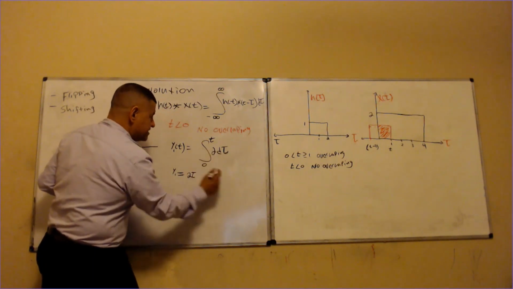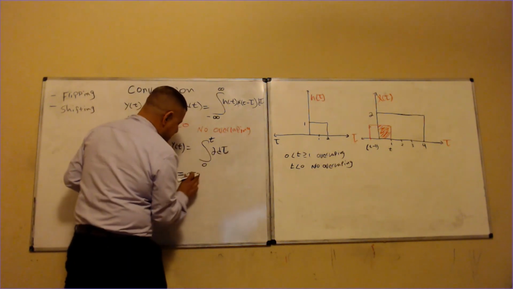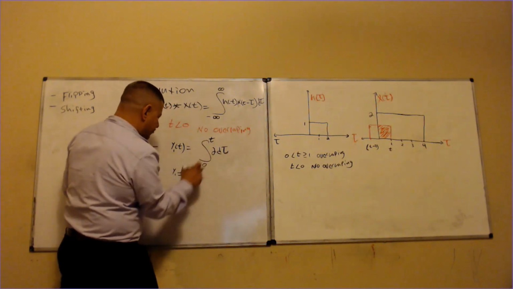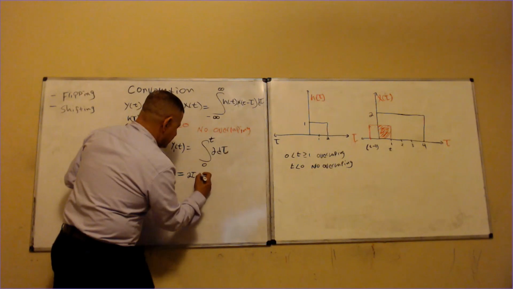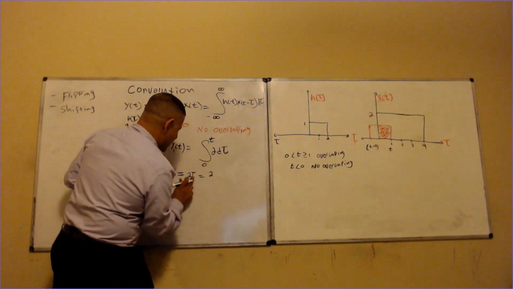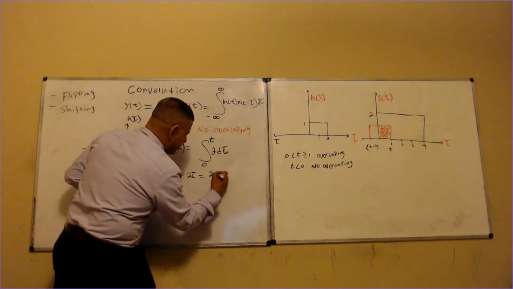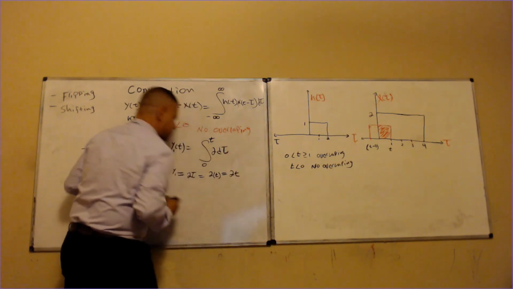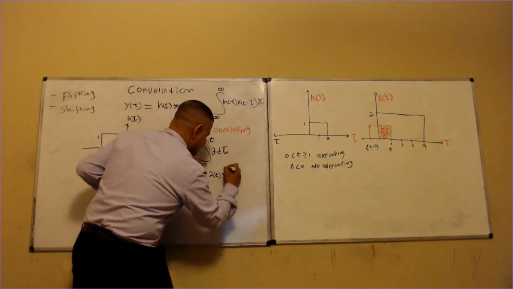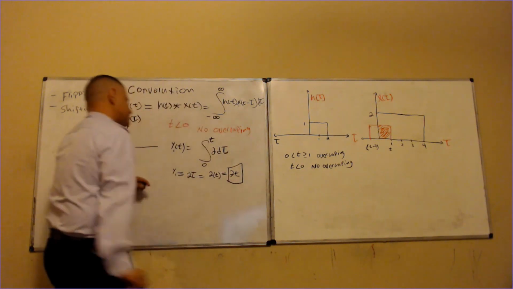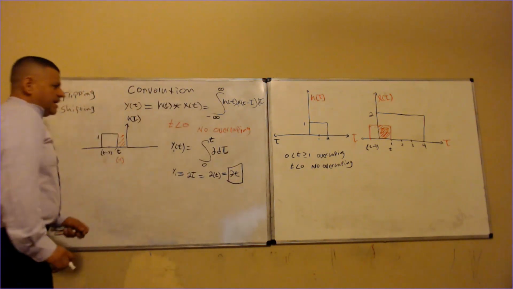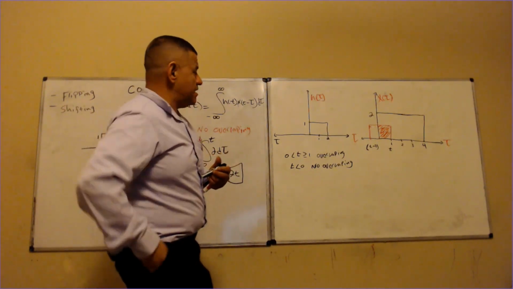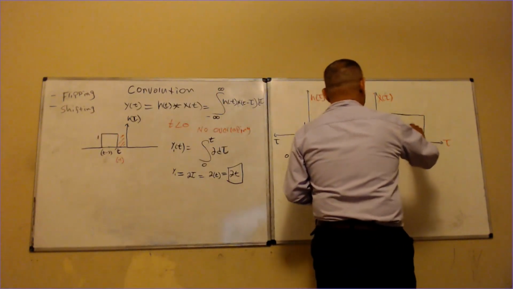If I evaluate this, replacing tau with t, this becomes 2 small t, which is 2t. And that would be the first one.